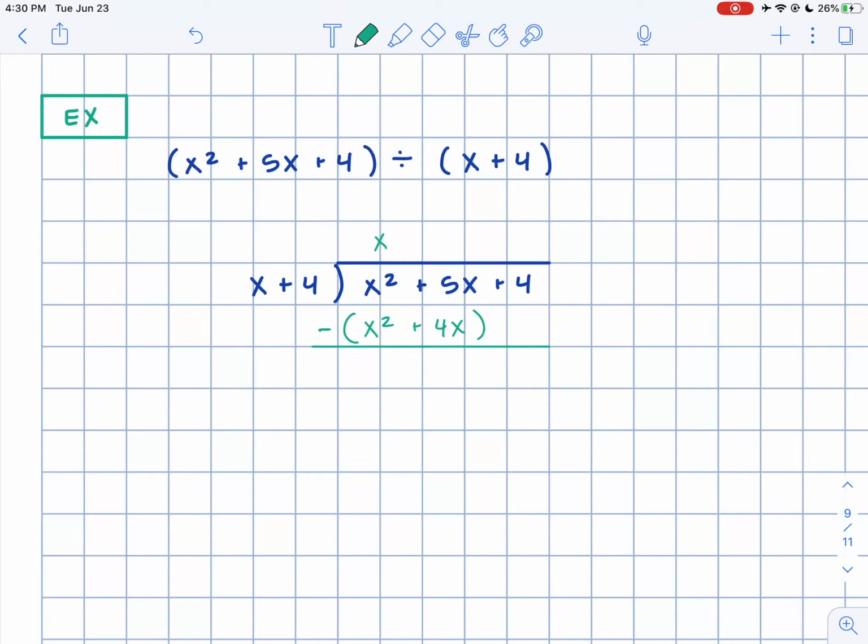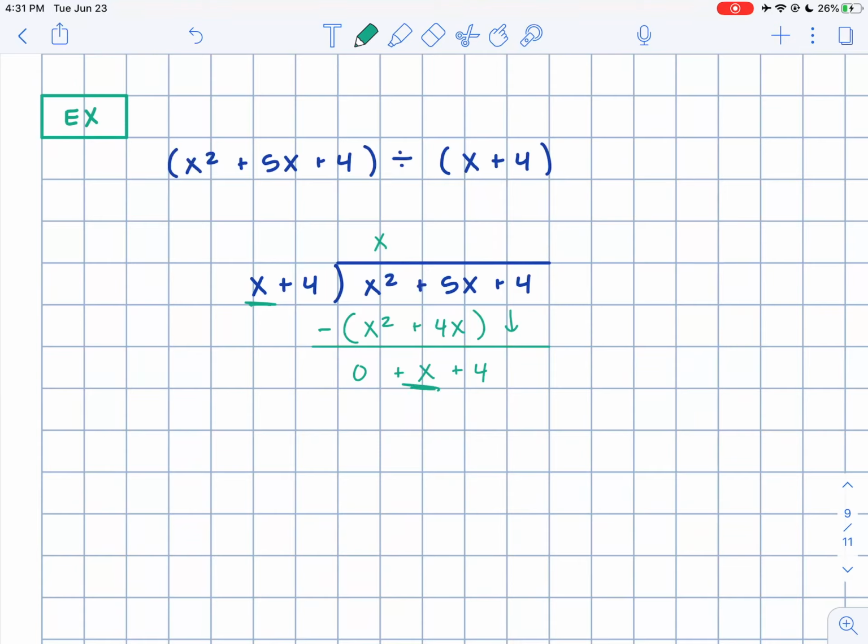So now let's subtract. X squared minus x squared is 0. Now it's 5x minus 4x, so that is just plus x. And let's bring down this 4, plus 4. Okay, now, looking at this x again, how many times does it go into x?